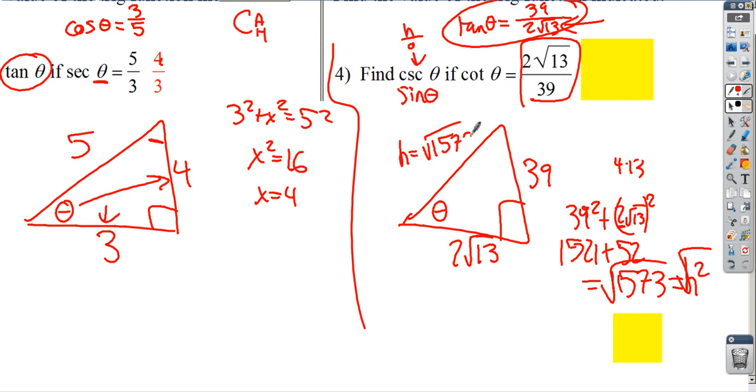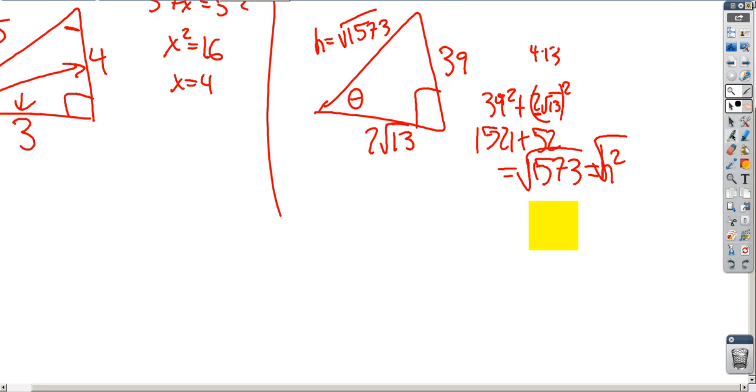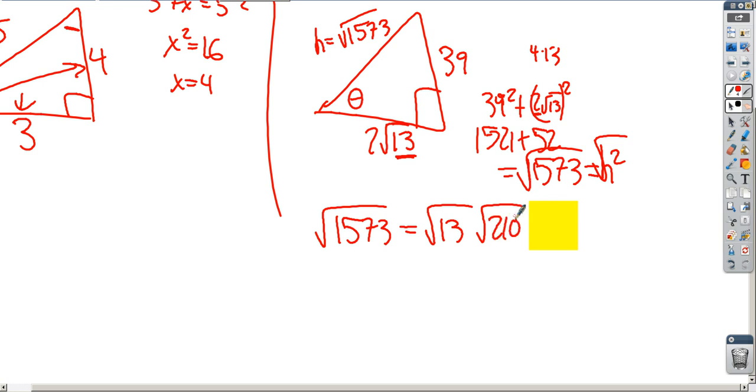I think the reason that's not coming out to be exactly right is because we can actually simplify the square root of 1573. We'll look for a perfect square that goes into 1573. I see this 13 here, so I'm going to guess that 13 probably goes into this somehow. 13, let's see, how many times does that go in? 13 times 100 is 1300.